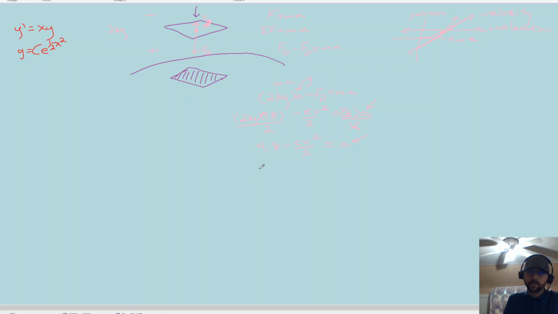So now we have 9.8 minus c times v squared over 2 equals the derivative of velocity with respect to time. And now this is a differential equation. And I think that's about as far as I want to go.